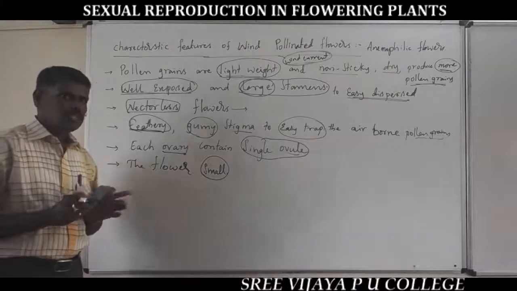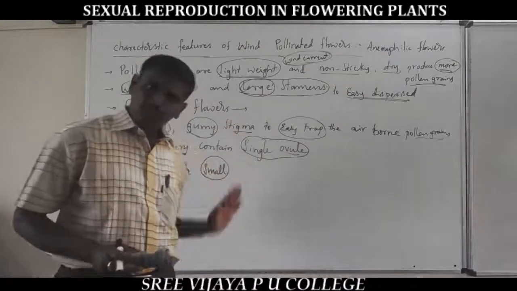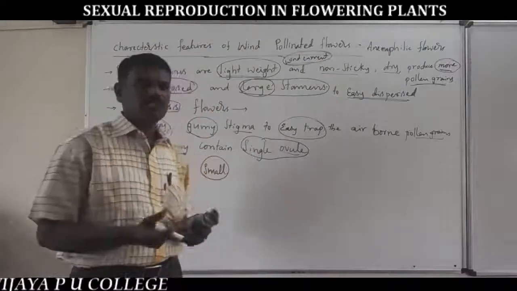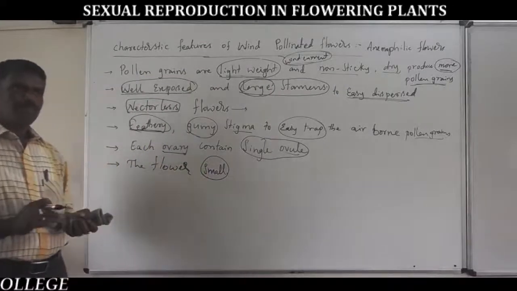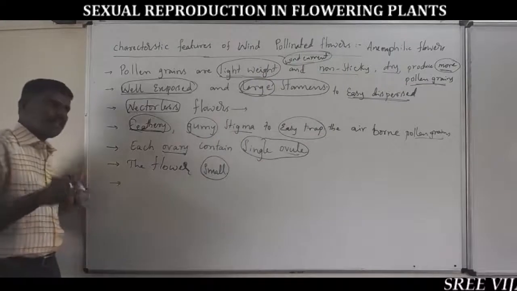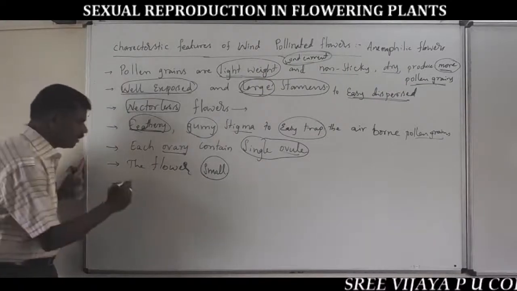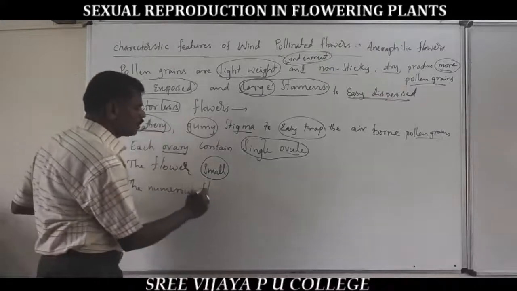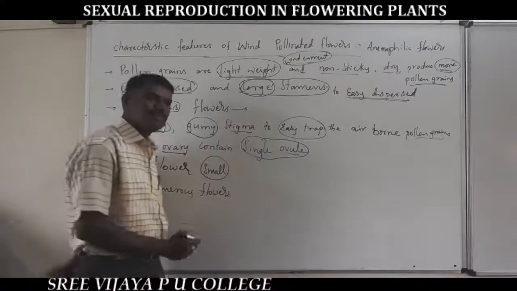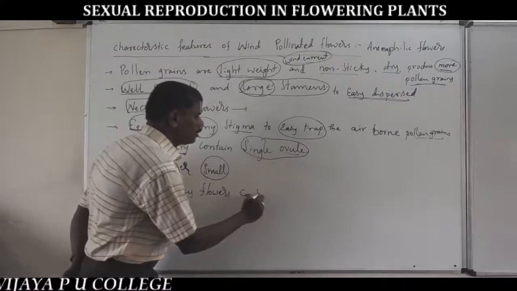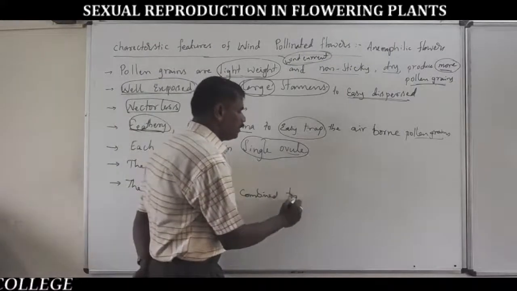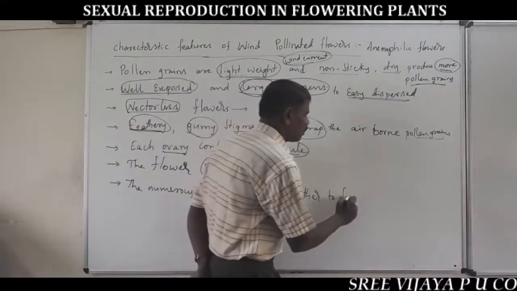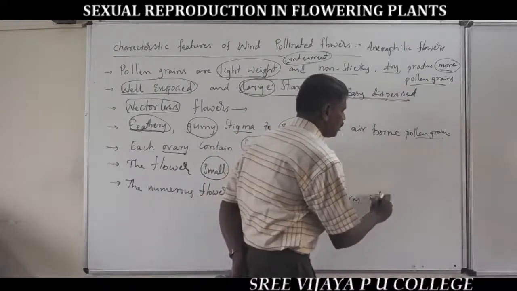Sometimes, since the flowers are small, the plant contains numerous flowers, many flowers, which combine together to form an inflorescence.